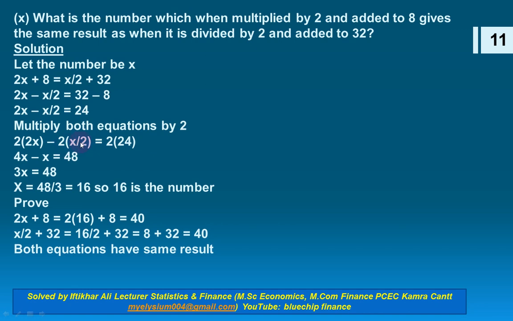We want to eliminate this 2, and the remaining is minus x equals 48. Now 4x minus x equals 3x equals 48, and x will be equal to 48 divided by 3, and the result is 16. You can verify this result after putting the value of x in the main equation.